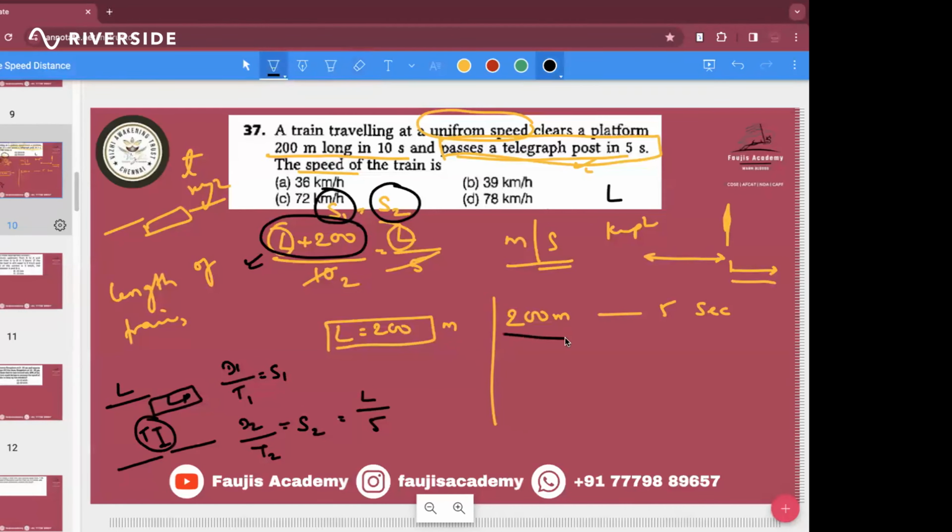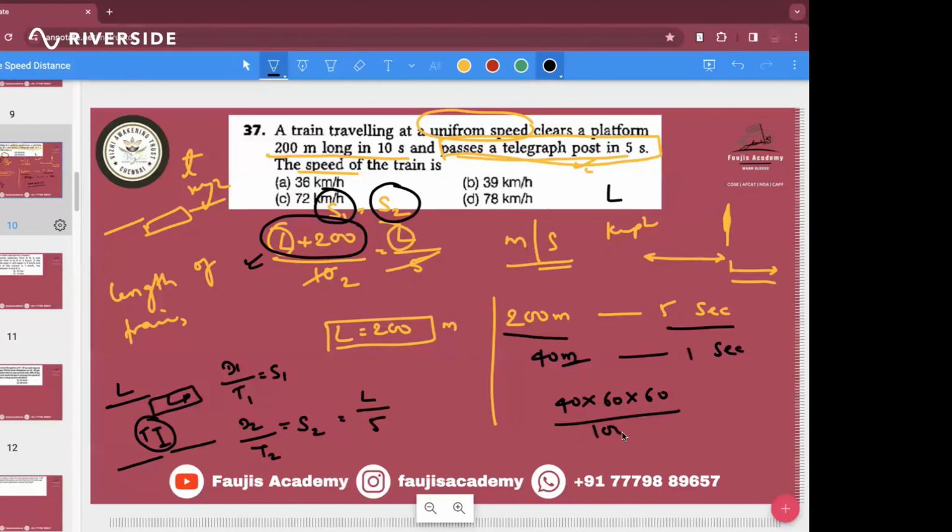So the train is traveling 200 meters in 5 seconds. In 1 second, how much will it travel? It will travel 40 meters. So in 60 seconds, and then another 60, this is the distance it will travel in 1 hour, in meters.